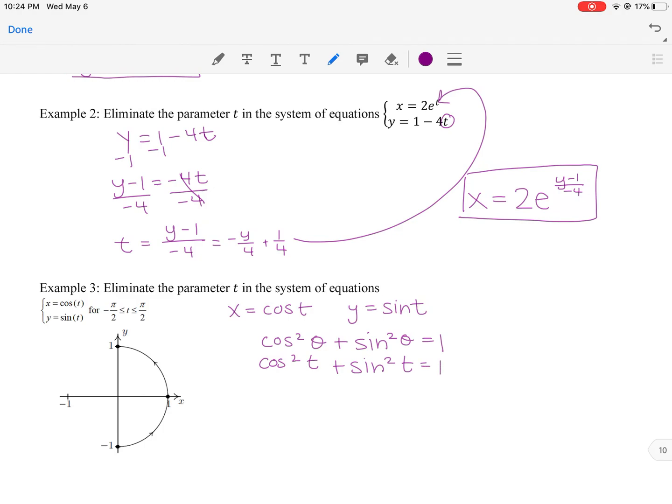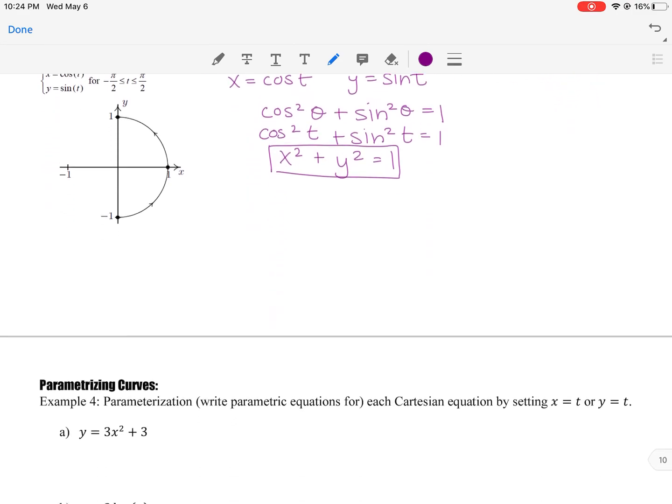But what is cosine of t the same as? That's the same as x. We'd have x squared plus sine of t is the same as y, so y squared equals 1. In this case, we have that unit circle. Technically you could limit x from 0 to 1, and that would give us only the right half of the circle, but I'm not going to worry about that right now.